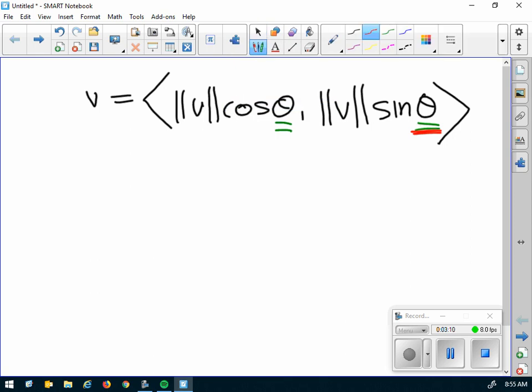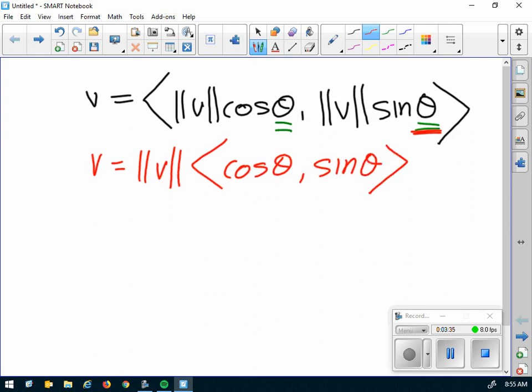If I take this little pattern right here, you'll notice that both of those components, the horizontal and vertical components, have magnitude V in it. If I consider that to be like a greatest common factor sort of, and I factored it out, you could think of it like this, where you could think of magnitude V as a scalar.